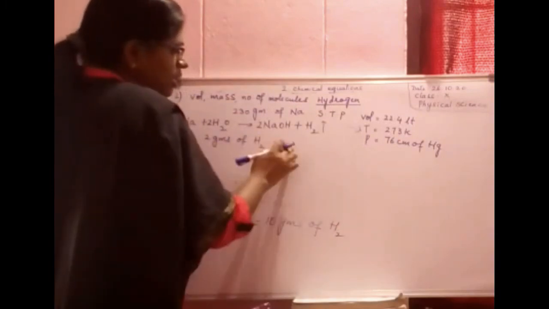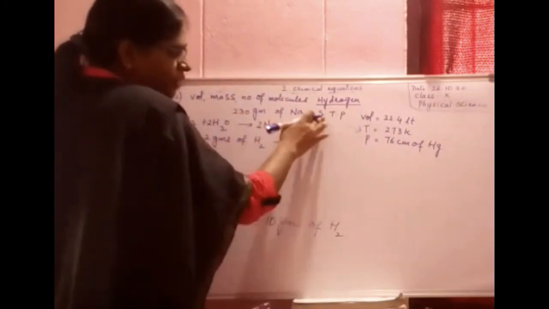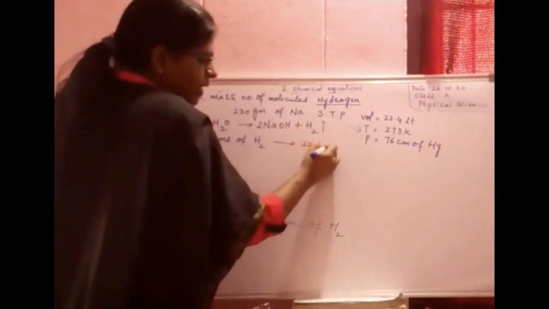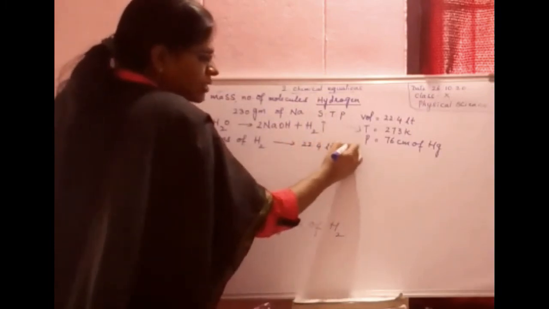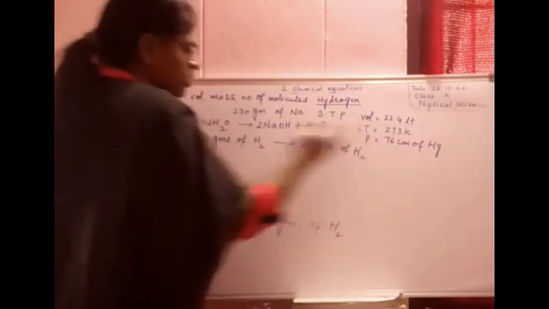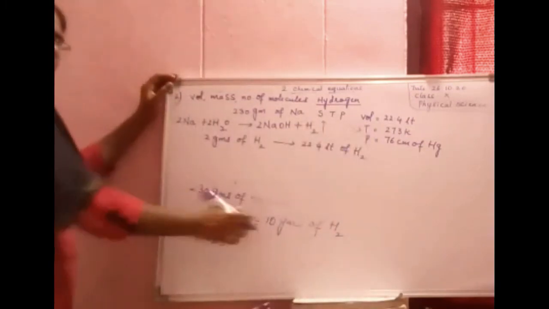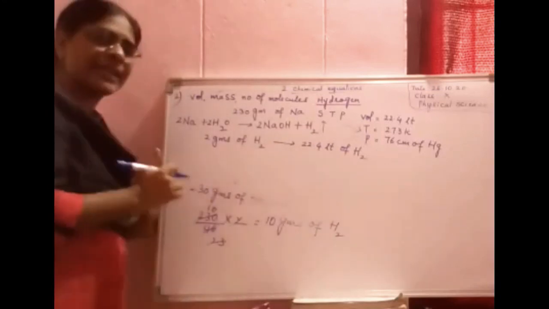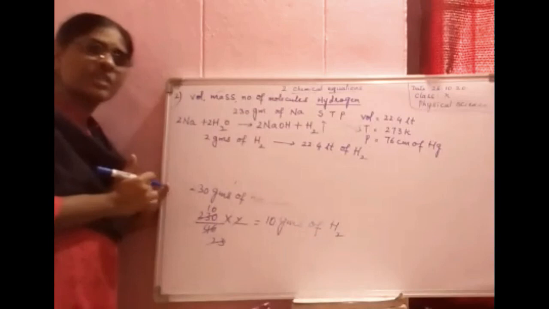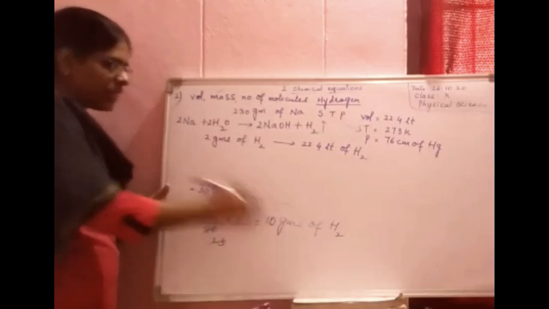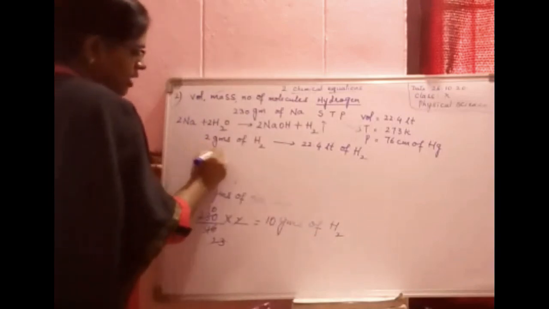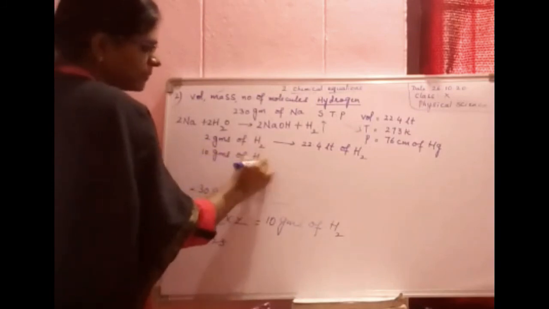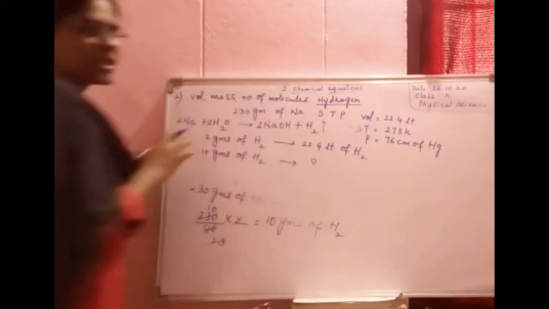Hence, it is giving 22.4 liters of hydrogen. Now, when 230 grams of sodium reacted, how many grams of hydrogen did we get? 10 grams. 10 grams of hydrogen will give you how much volume?